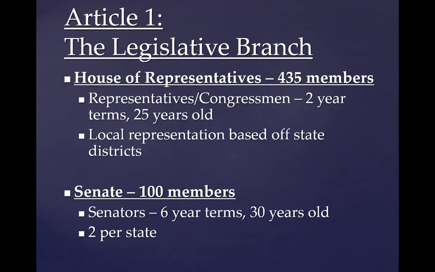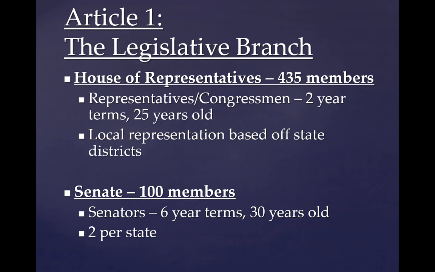The larger states like California and New York have a good amount of representatives, and some of the states that are less populous, say Wyoming, have significantly fewer. These districts are going to be drawn based off population centers and things like that. So the representative is someone who is locally your representative. If you have a problem going on in your local area, they're typically the person that you should talk to.